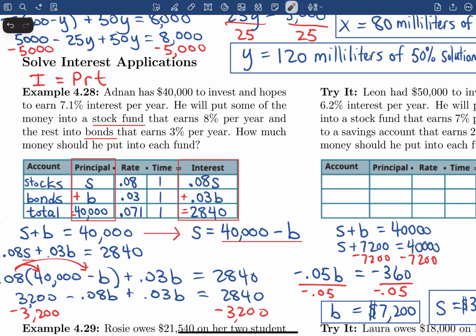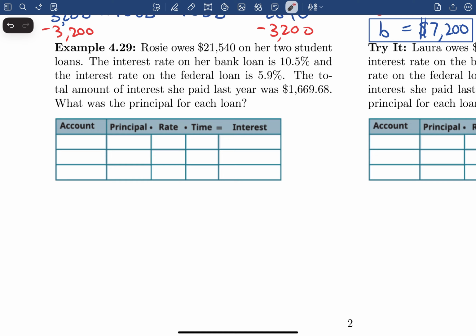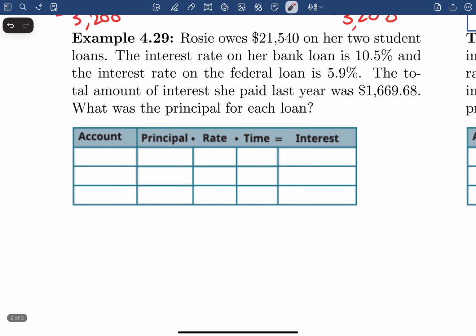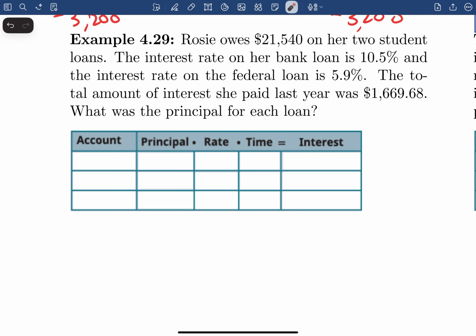Let's try another. Rosie owes $21,540 on her 2 student loans. The interest rate on her bank loan is 10.5%, and the interest rate on the federal loan is 5.9%. The total amount of interest she paid last year was $1,669.68. What is the principal for each loan?